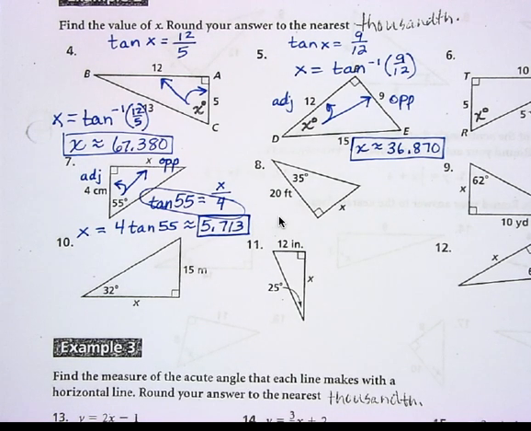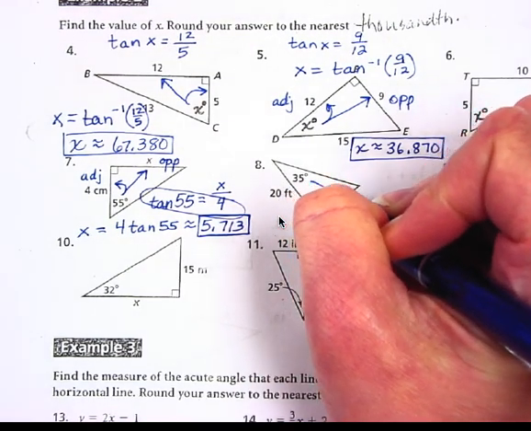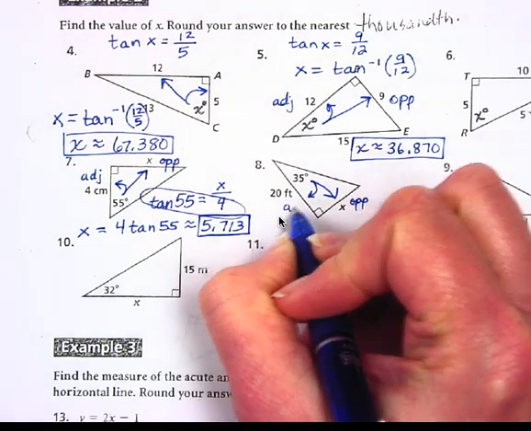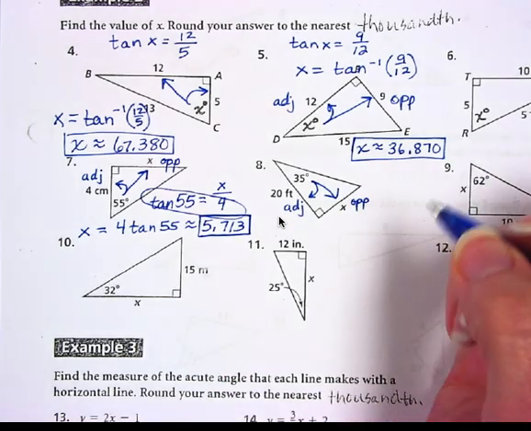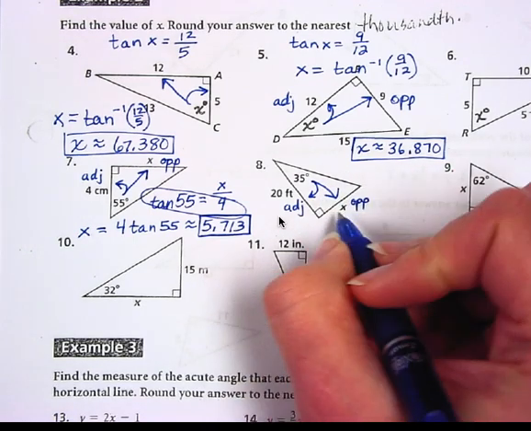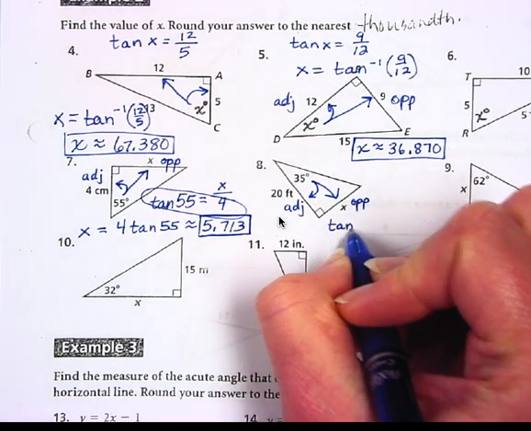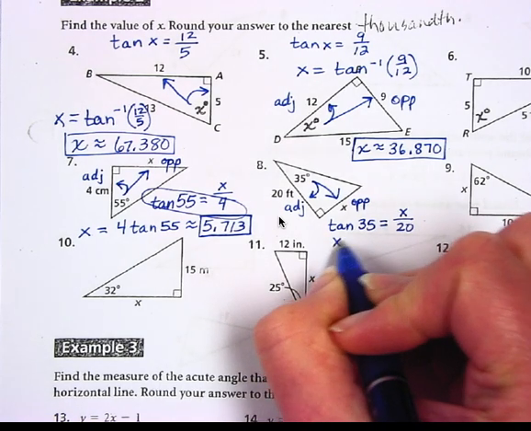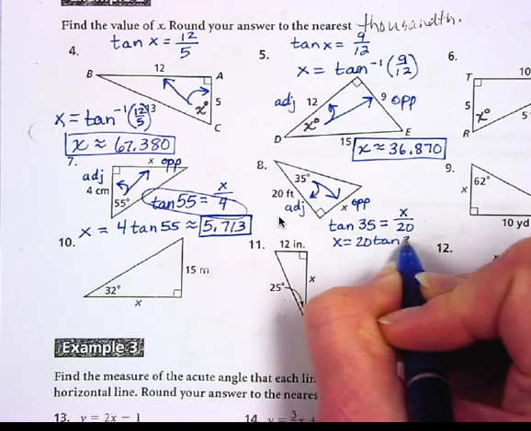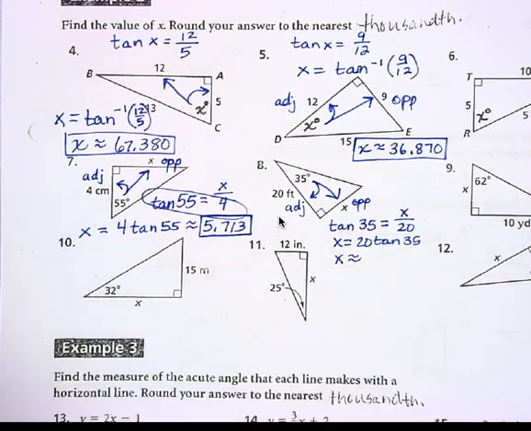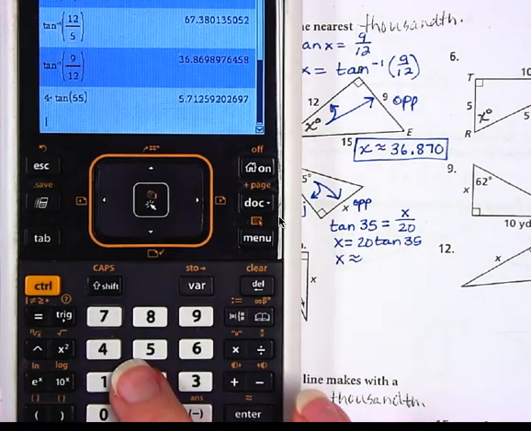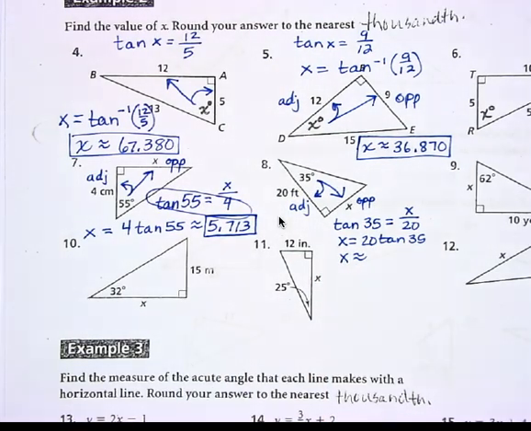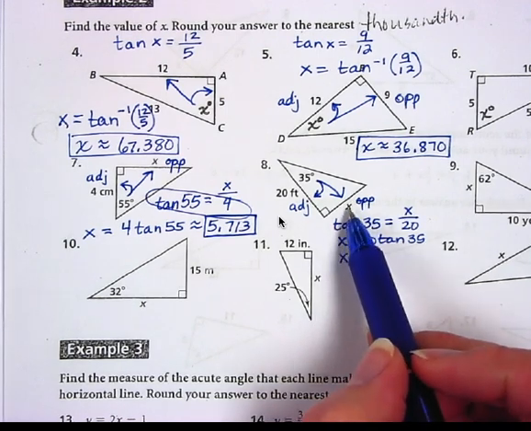I'm going to write it while you're writing it, but just try to do it without looking. All right, so I have tangent of 35 is equal to opposite, which is x, over adjacent, which is 20.